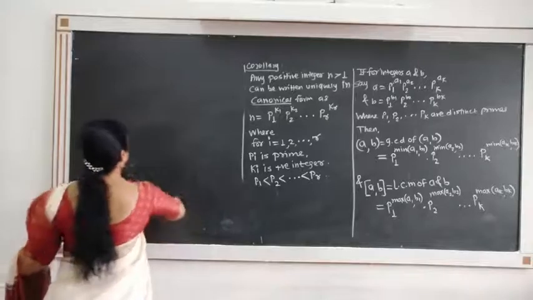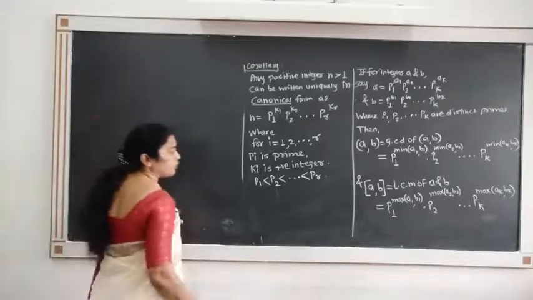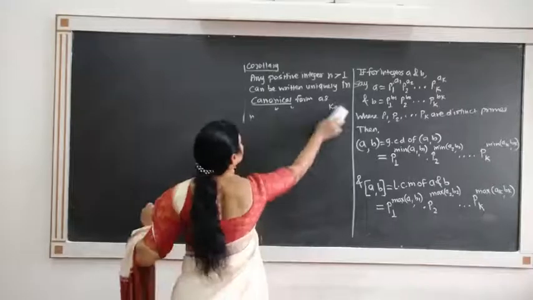So canonical form is useful to write down the GCD and LCM.